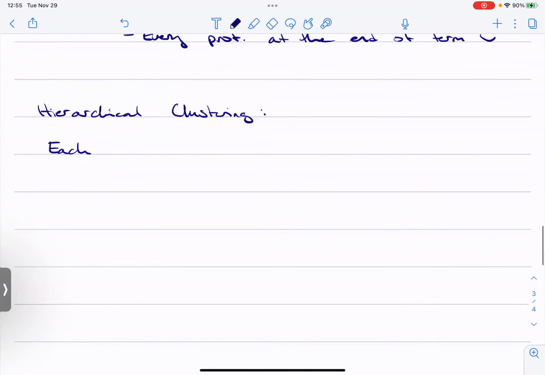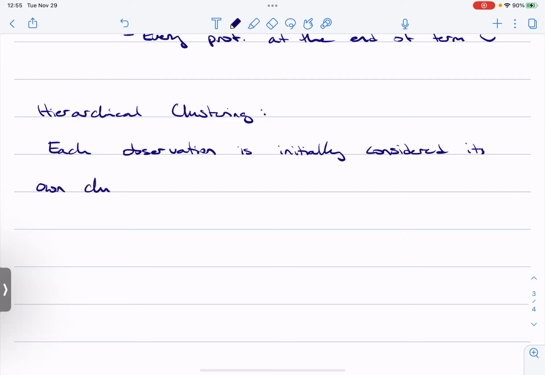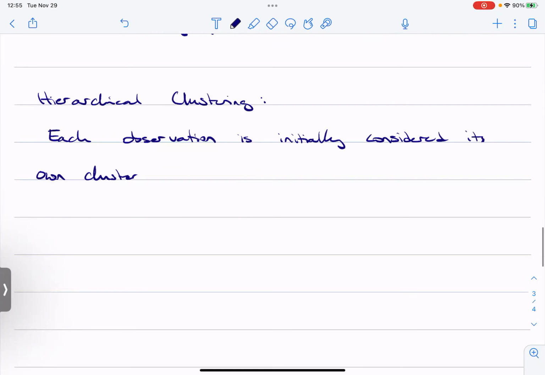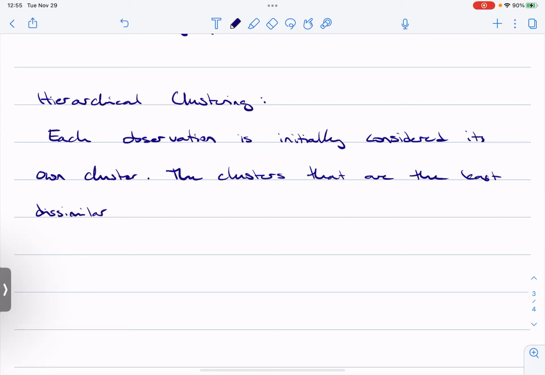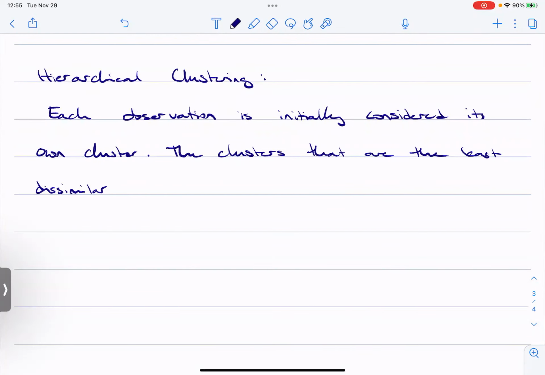Anyways, here we go. Each observation is initially considered its own cluster. The clusters that are the least dissimilar are merged into the same cluster.